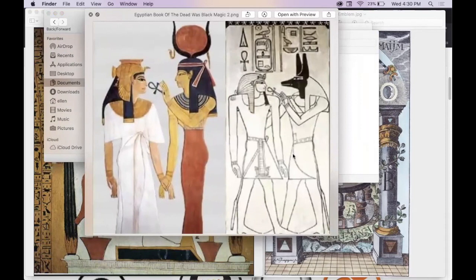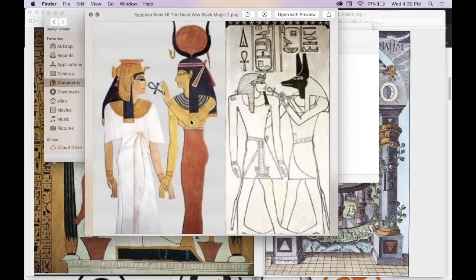I believe that they are initiating people into the practice of black magic, because as you saw previously, in the Emerald Tablets of Thoth, it says that the white magician controls the white and the black magic.